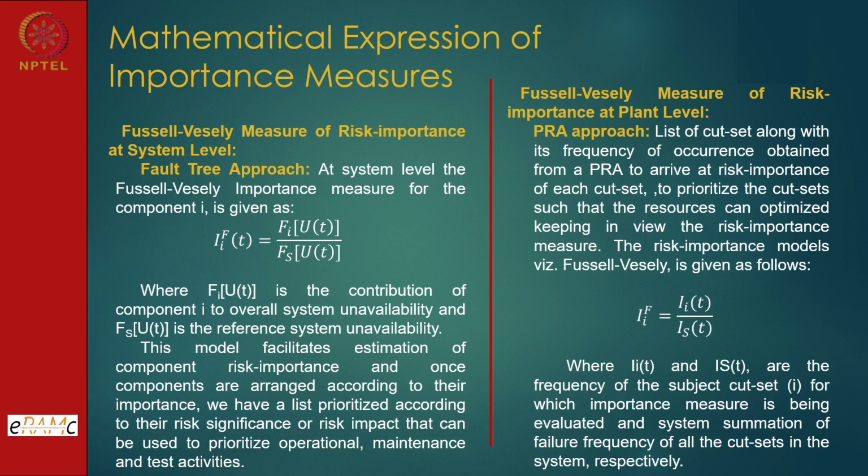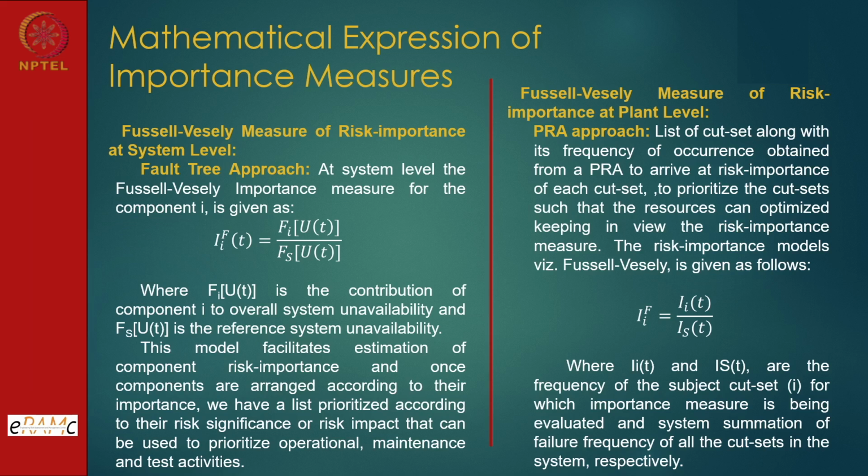Obviously, safety important components, but among safety support or safety system components, which are more important? If we have to arrange a list, we can do system level modeling and understand which comes on top. It will be governed by its position and its failure probability. If the failure probability and unavailability are more, then it will rank very high.